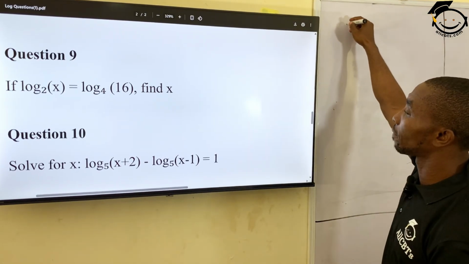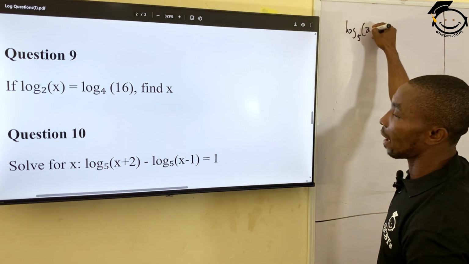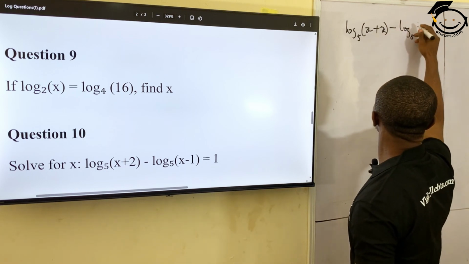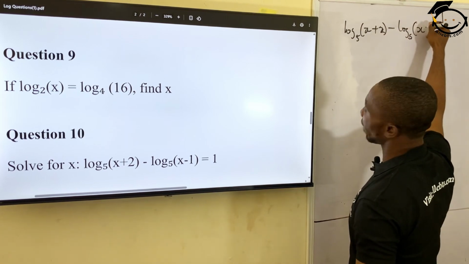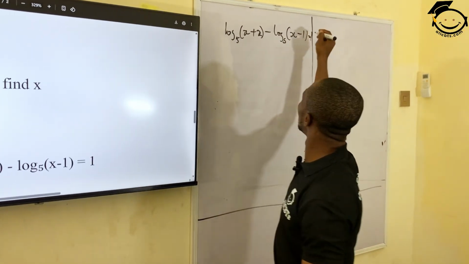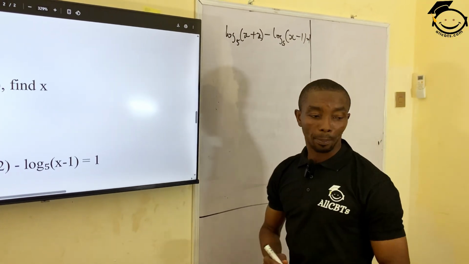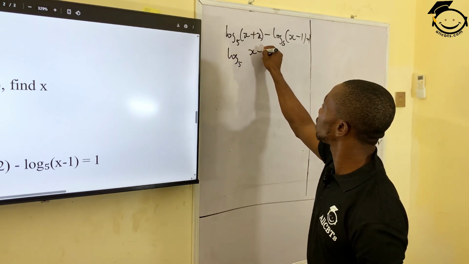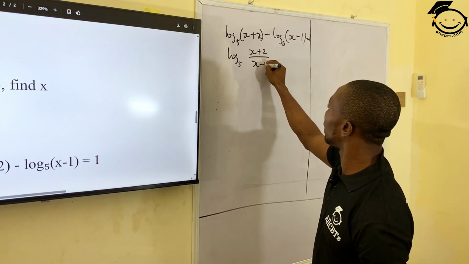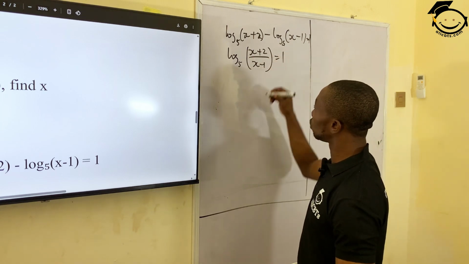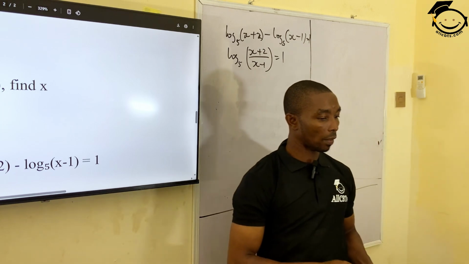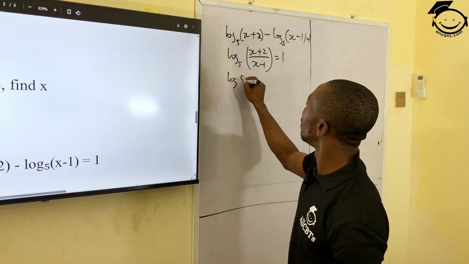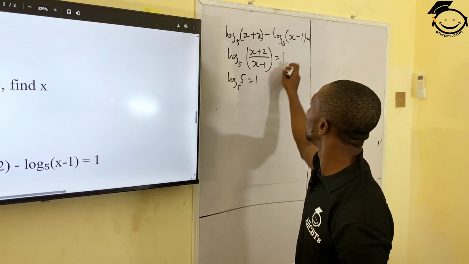Solve for x, if log_5 (x plus 2) minus log_5 (x minus 1) equals 1. Alright, if we apply our division law, this will give us log_5 of (x plus 2) all over (x minus 1) equals 1. But now we know that 1 equals log_5 5.